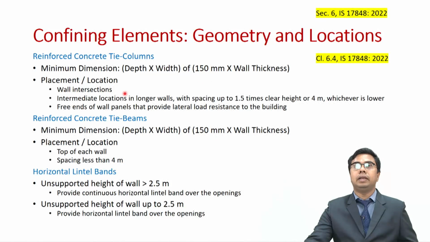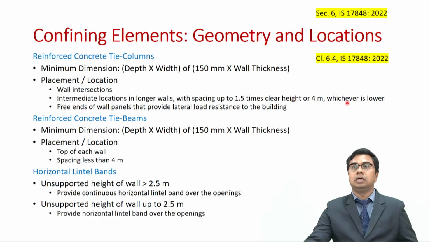Now, where do you place or construct your confining element? In case of tie columns, you construct tie columns at the wall intersections or at intermediate locations in longer walls with a spacing up to 1.5 times the clear height or 4 meter, whichever is lower.